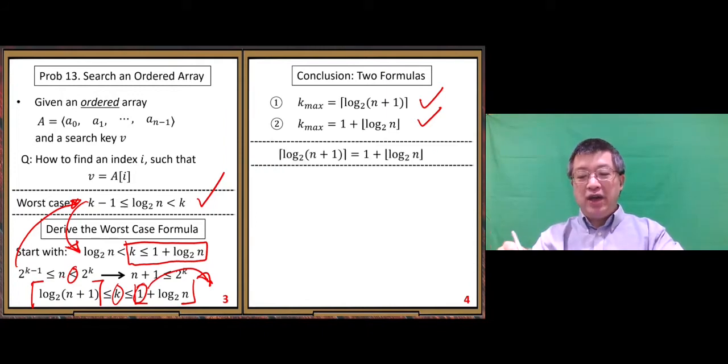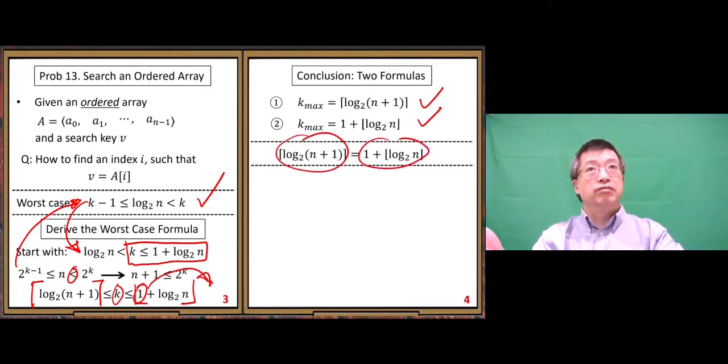So finally, we get this formula. These two expressions look different, but we can prove they are equal. If you want to prove it, you can use mathematical induction.